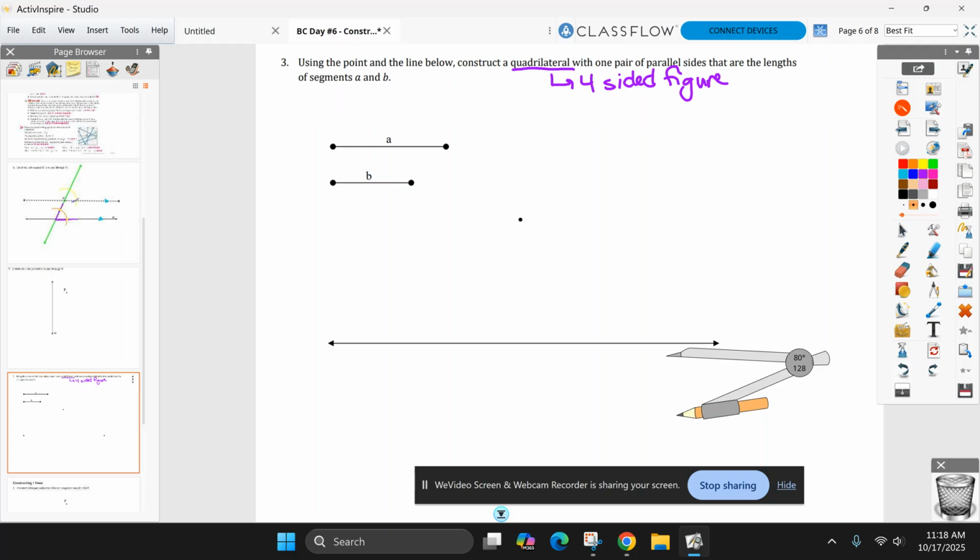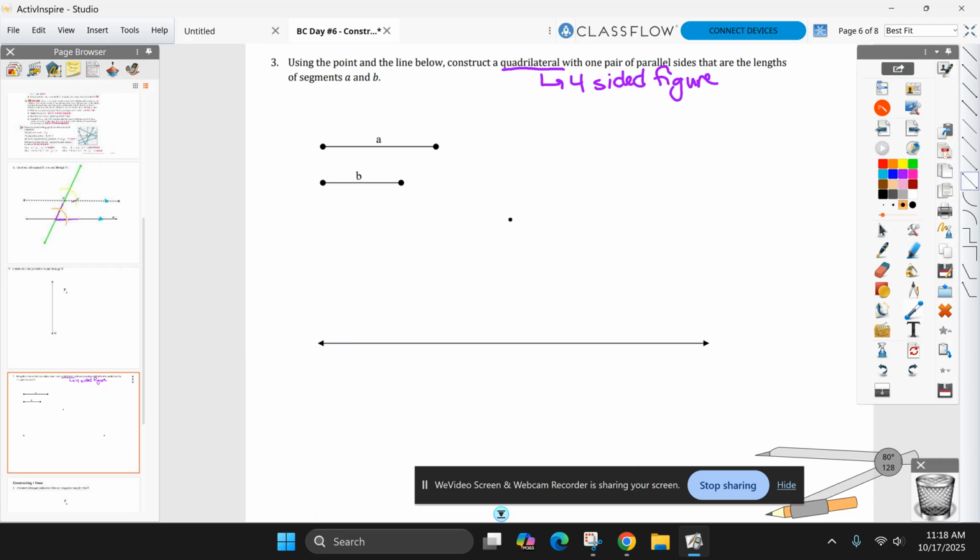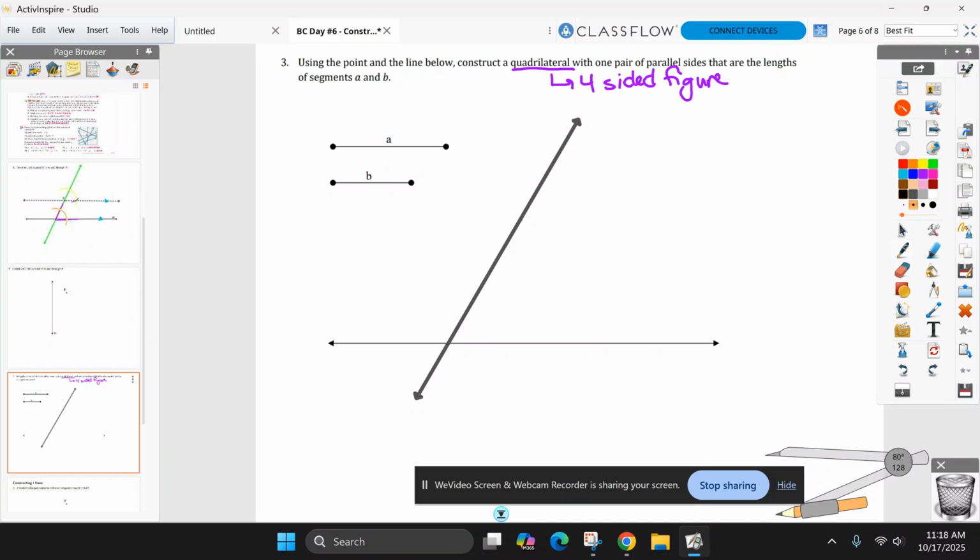Don't worry about the quadrilateral or A or B yet. Some of you are trying to think ahead. I need at least one pair of parallel sides. So get me some parallel lines to start with here. I'll do the same on mine. Draw your transversal in. And go ahead, get me a set of parallel lines. We'll start there first before I worry about A and B. So this is the third time we're doing it, so good practice.